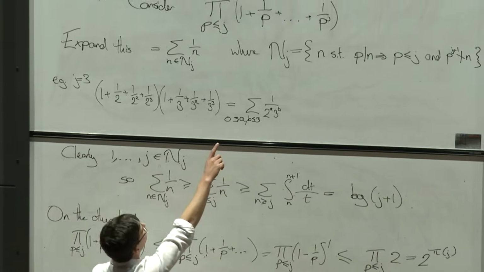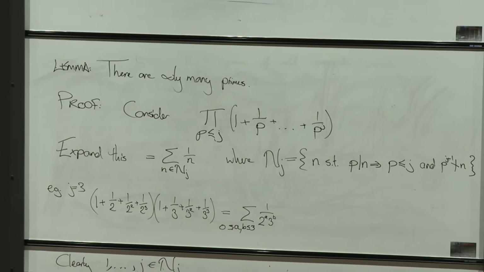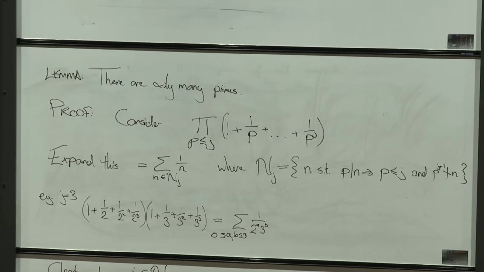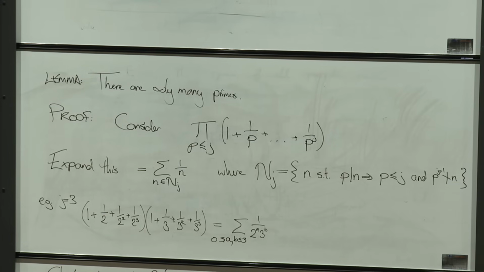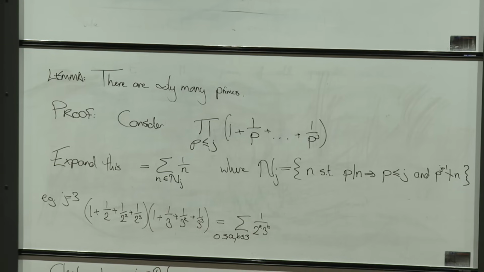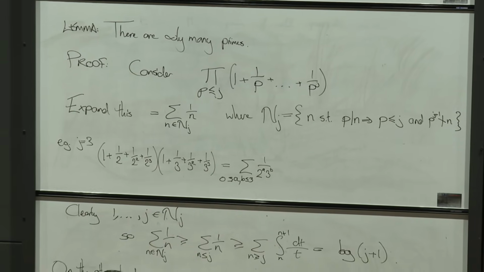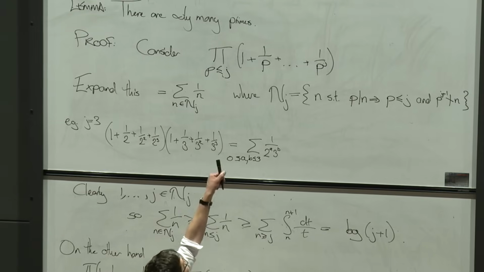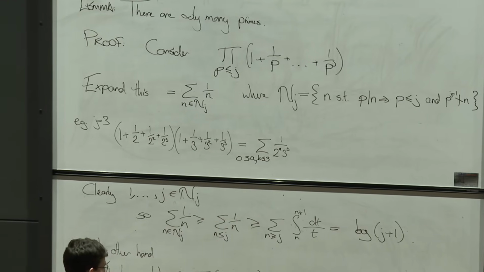I wrote this relation here as an infinite version, closely related to this finite version. It's sort of an infinite version of this for the different values of j. And one thing to note is that this is not a totally trivial step: I'm using the fundamental theorem of arithmetic, that every integer has a unique prime factorization, in being able to say this product is exactly equal to this sum when I'm expanding it out.